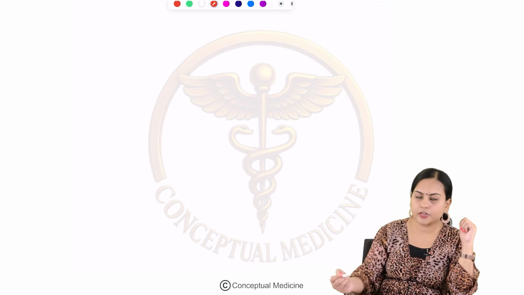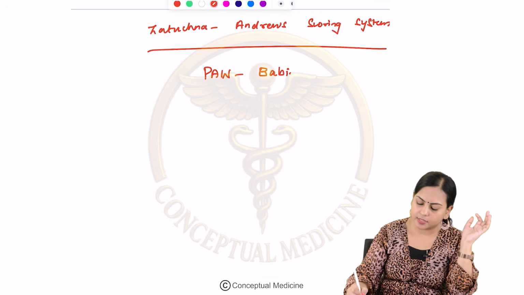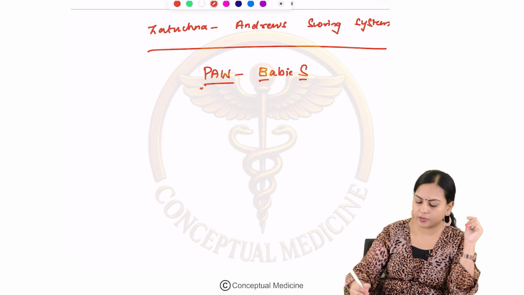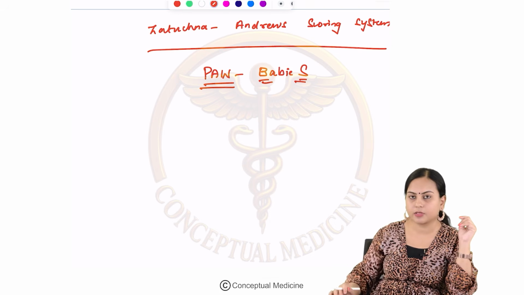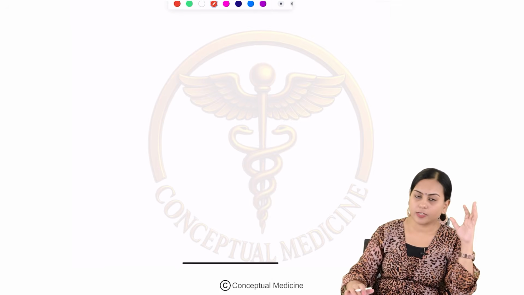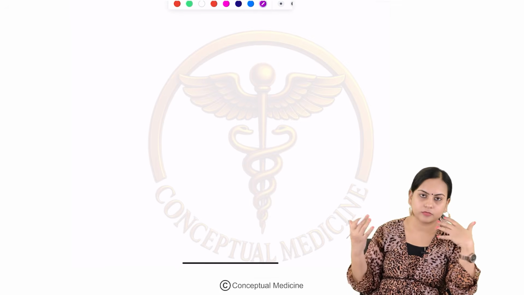So, we are going to assess the PA of the babies. Here we are going to take B and S and we are going to consider this PA. Just know what is being assessed. No need for knowing everything about the scoring system.